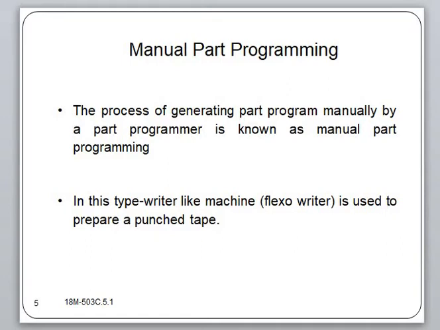After the program is typed, the punched tape is prepared on the Flexowriter. Complex shaped components require tedious calculations. This type of programming is carried out for simple machining parts produced on point-to-point machine tools.